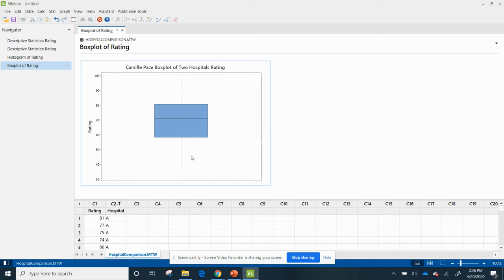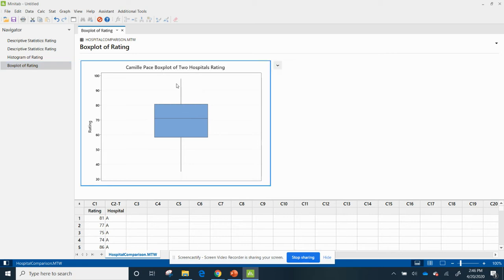I mean, here's 25% of the data. Here's 25% of the data. Here's 25% of the data. And here's 25% of the data. Did you just see that popped up? Look what it tells me. That is that 5-number summary, or it's most of the 5-number summary.